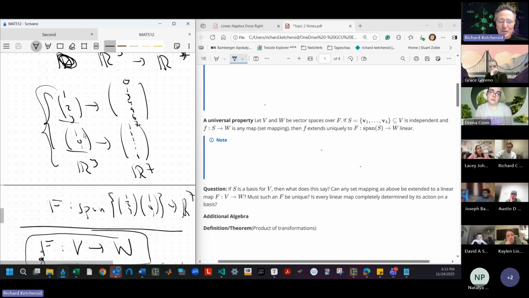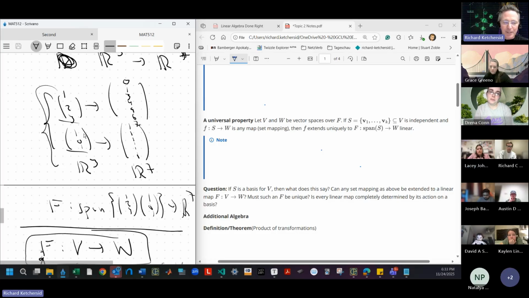What is a two-dimensional subspace of R3 look like? A plane. So the two-dimensional subspaces of R3 are exactly all the planes through the origin, right? That's what the planes are.